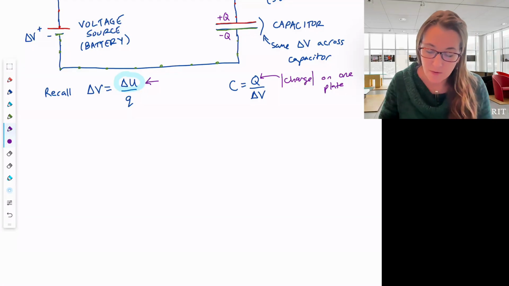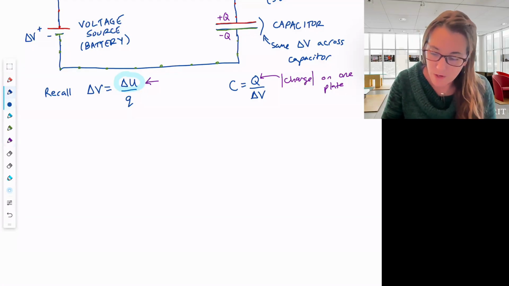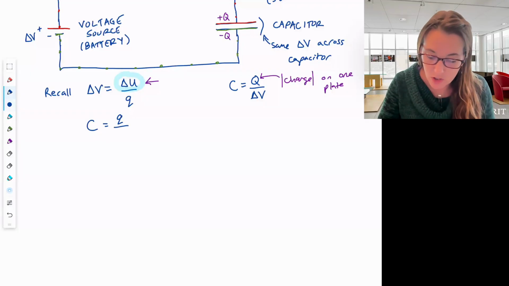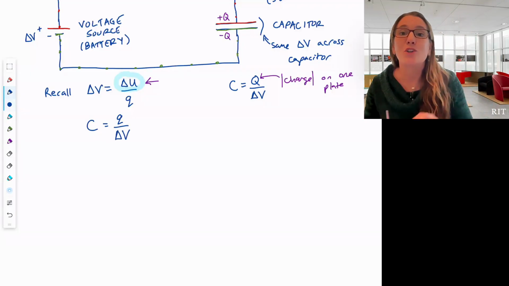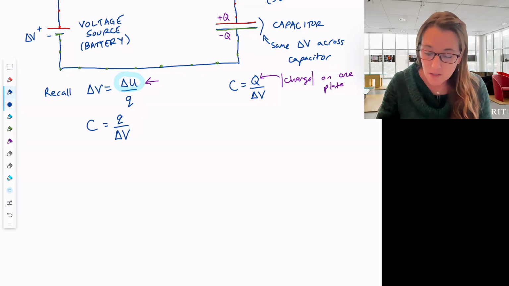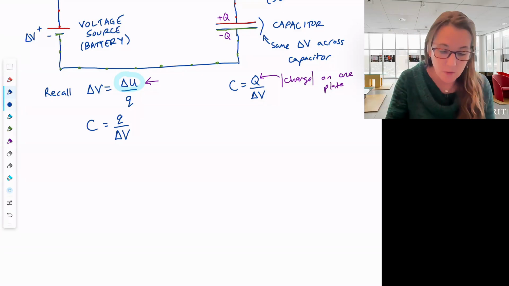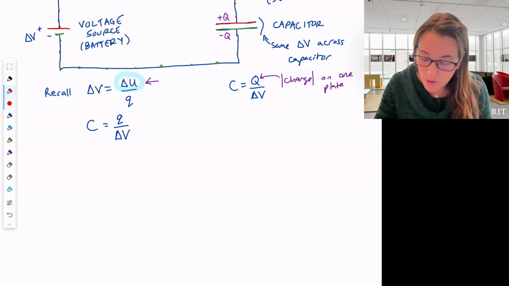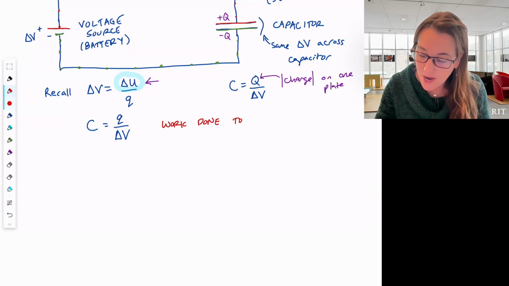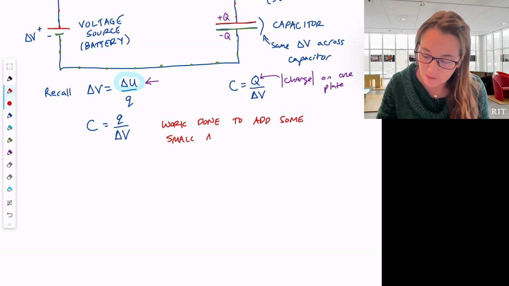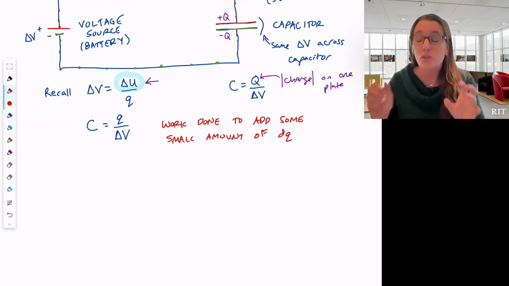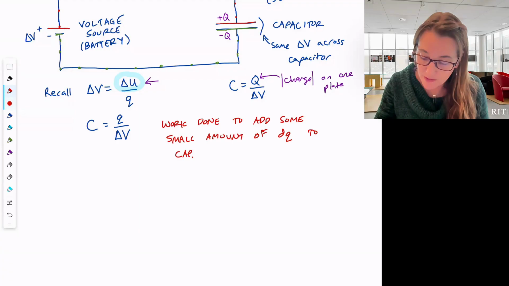So in order to talk about that value, I'm just going to go ahead and rewrite this capacitance equation in terms of that same little test charge, small q over delta V. And so now we can look at the work done to add some small amount of charge, dq, to the capacitor.